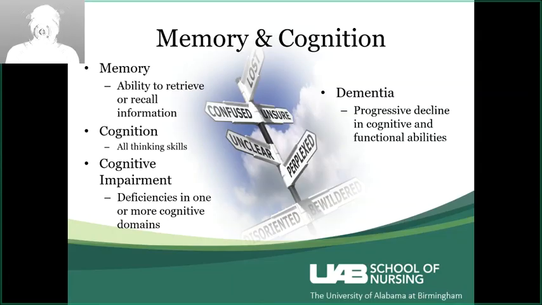Cognitive impairment, therefore, is characterized by deficiencies in any singular or multiple domains here. And dementia is that overarching clinical term that describes a progressive decline in not only cognition, but also in functional abilities resulting from brain degeneration.